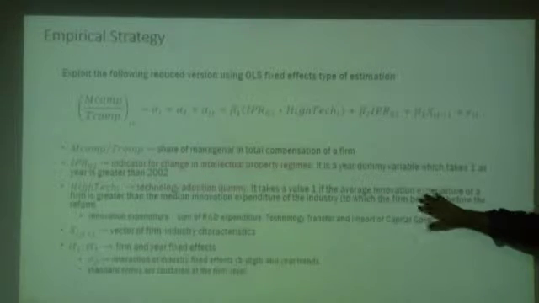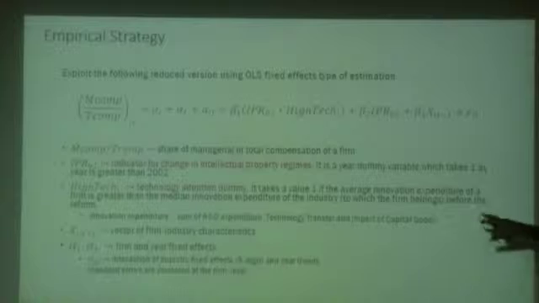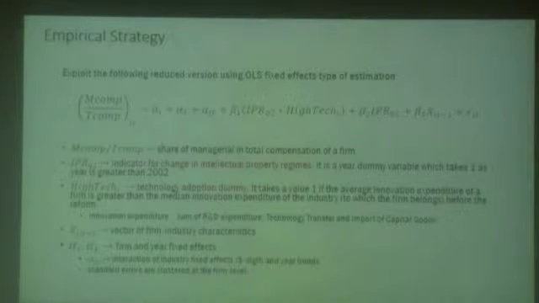It takes a value of 1 if the average innovation expenditure of a firm is greater than the median innovation expenditure of the industry to which it belongs before 2002. So it is the average innovation expenditure between 1990 and 2001 of every firm, and if that average is greater than the median of the industry, that is a high tech firm. The idea is a firm which is a priori high tech.